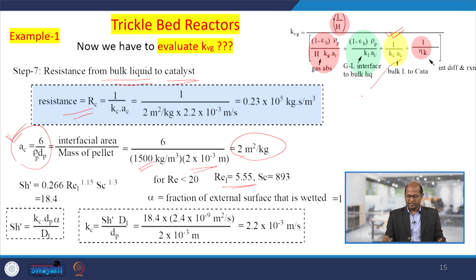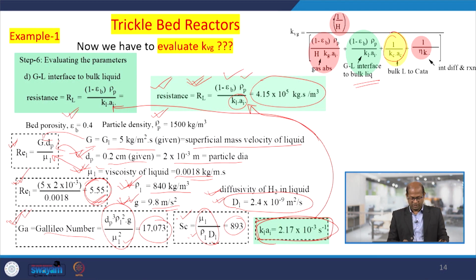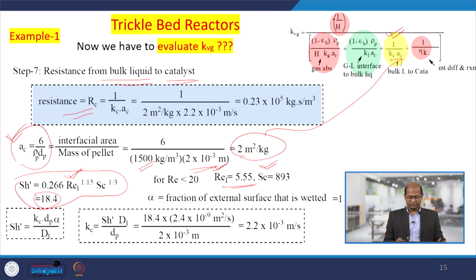This value is required here, and then the k_C value from the Sherwood number correlations we can find out. The Sherwood number equals 18.4. The Reynolds number and Schmidt number that we found in our earlier calculations, Schmidt number 893 and Reynolds number 5.55, both we can substitute here, then it is coming Sh prime, that is 18.4.